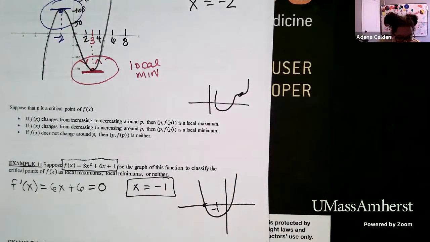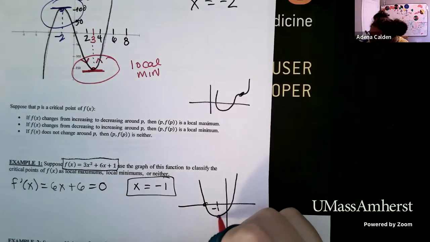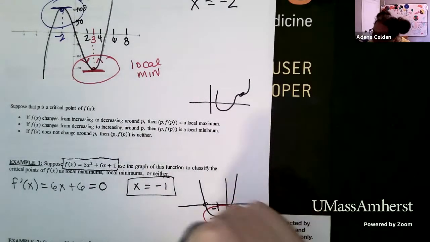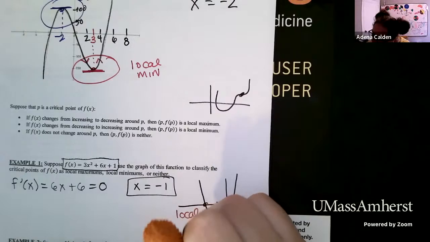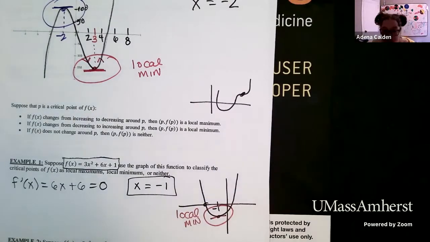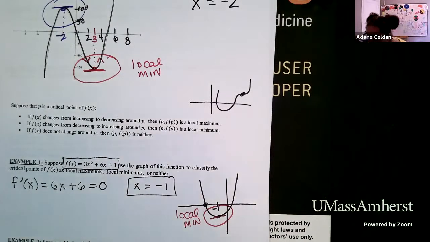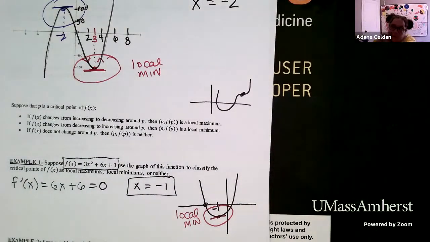And so when you visually see what's happening at -1, you see that our critical point happens in an area that makes it a local minimum, because at the bottom of a cup, it's the lowest point in a small area. Okay, so having that picture is going to be really helpful in order to figure that out.